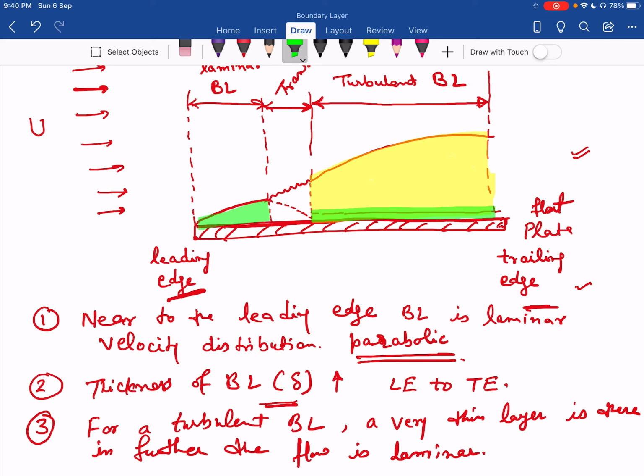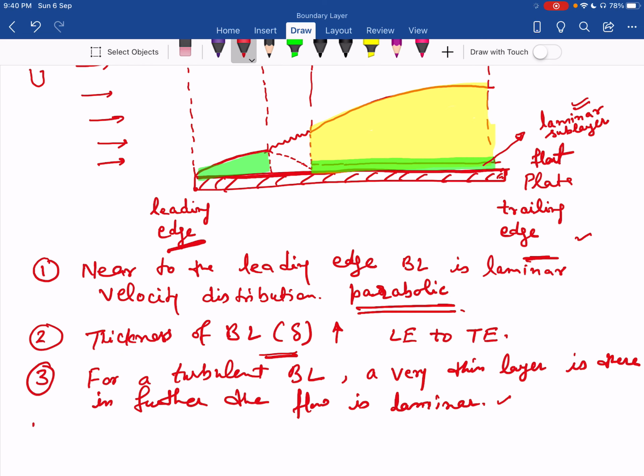This thickness of boundary layer, we call the laminar sublayer. The laminar sublayer is a small layer within the turbulent boundary layer where the flow remains laminar. That is another important characteristic of boundary layer.